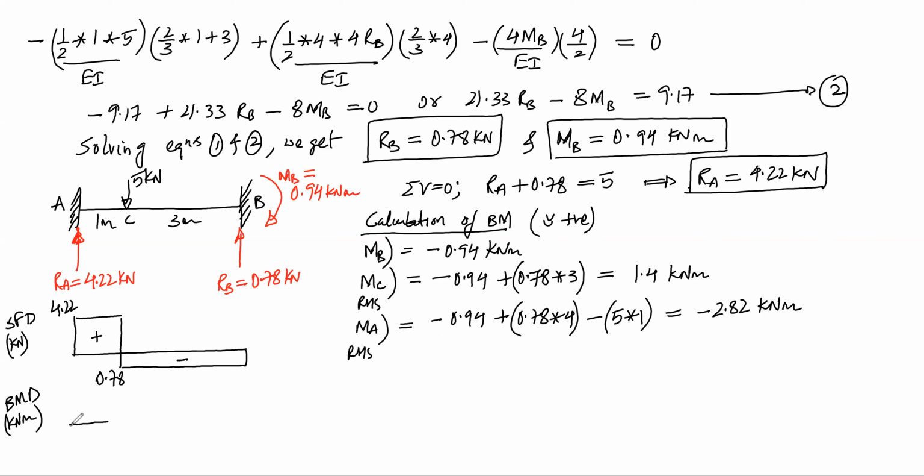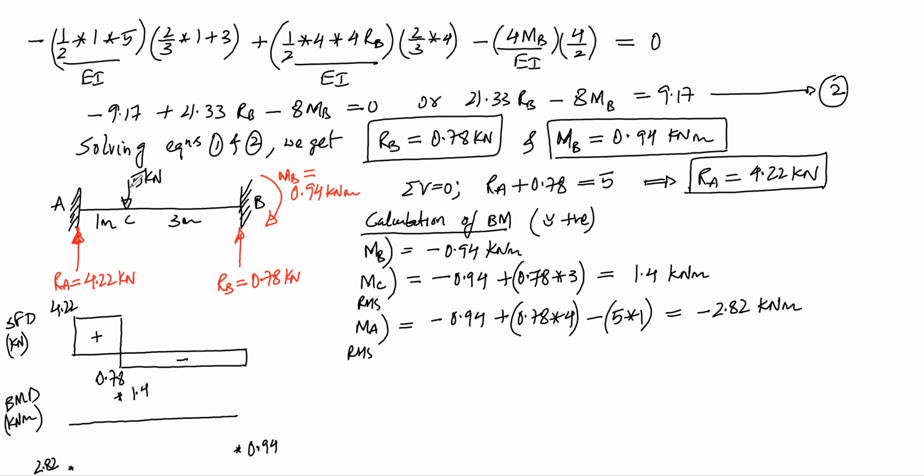So this is our reference. Moment at B is hogging 0.94. So it is below the reference. Moment at C is 1.4. So it is positive 1.4. And moment at A is hogging minus 2.82. So it will be below the reference 2.82.